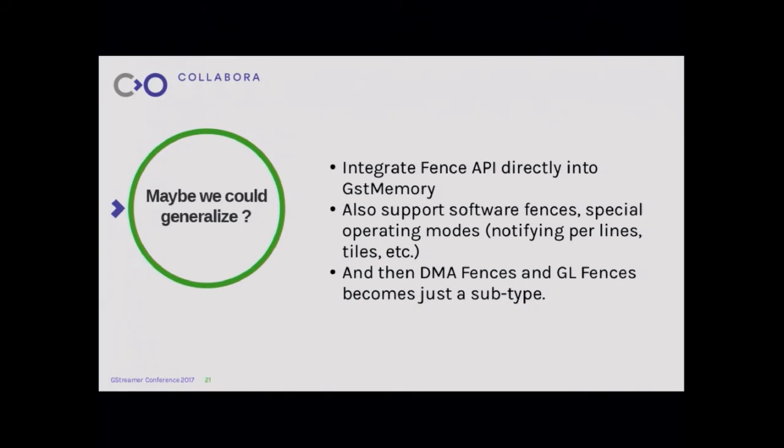Maybe we could integrate fences, not DMA fences, but fences in general. And then the DMA fences become just a subset. And same thing for the GL fences. And we could actually solve that problem in GL in a solid and extensible way. The rest I already said. And that's it.